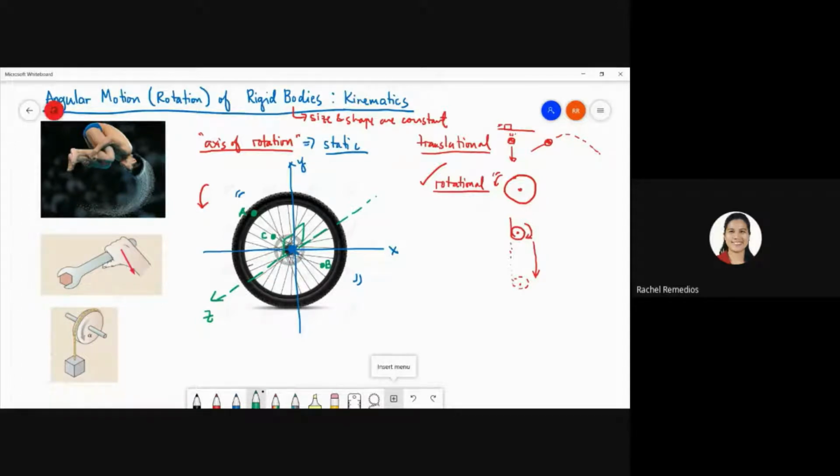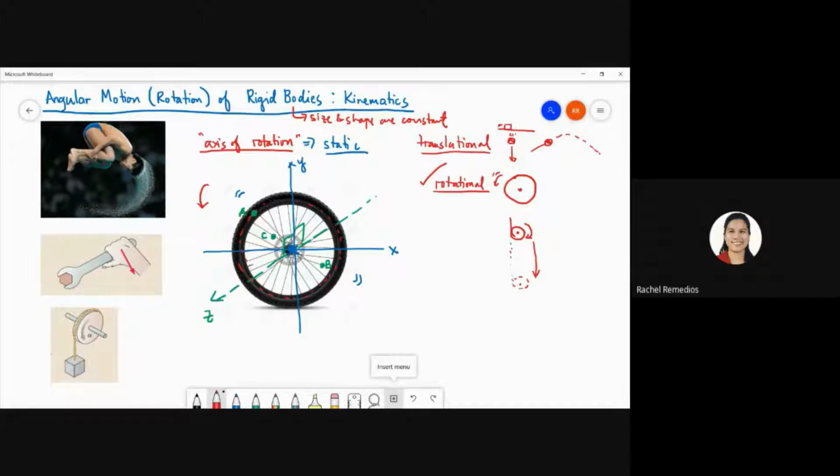Meron silang iisang angular frequency na isa-isahin natin mamaya. So, kung i-focus natin ngayon si A, from here, going to here, so ito yung circular path na iikutin ni A habang nakasakay siya kay wheel.